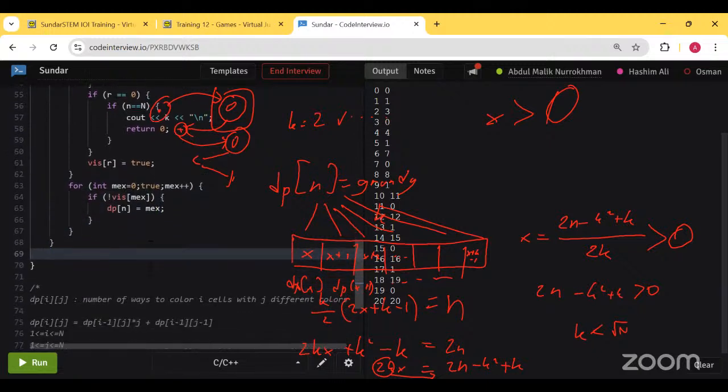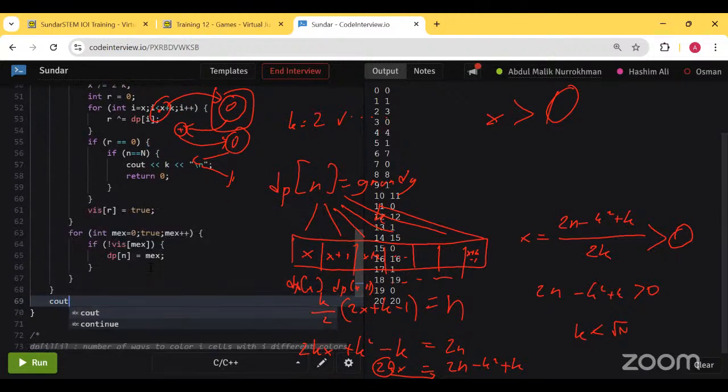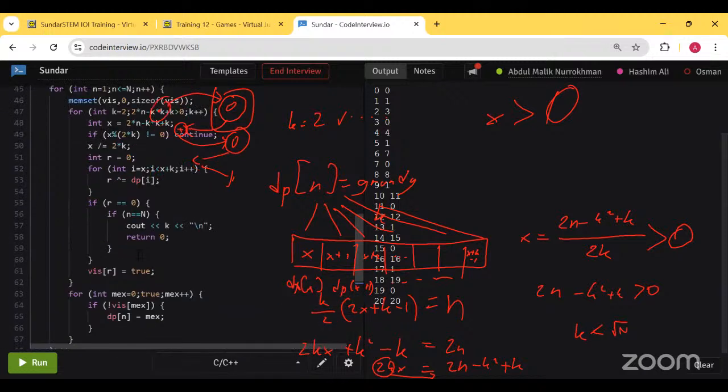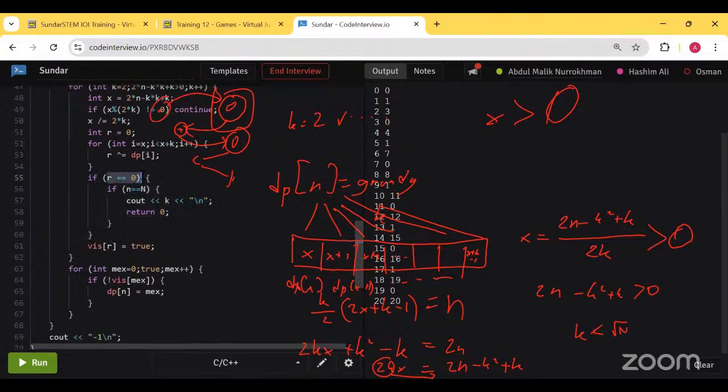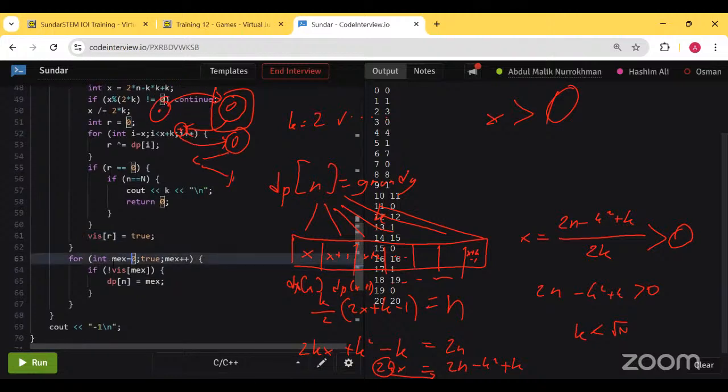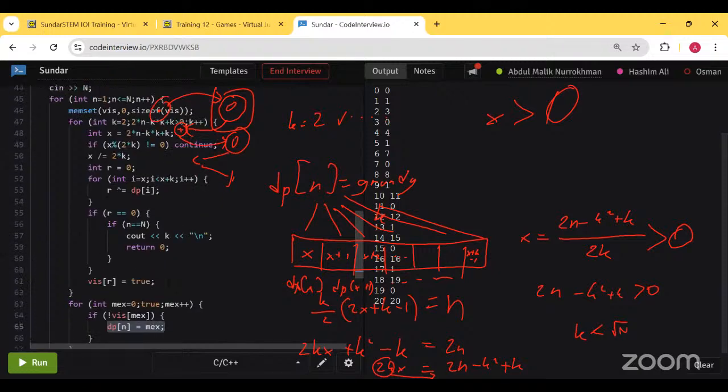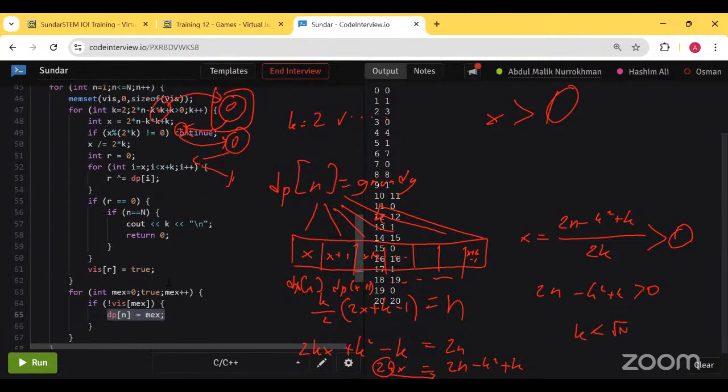Yes, and finally, we will already know the answer, and don't forget to output -1 if there is no way to win the game. So there is no r equal to 0. That's why visited[0] is still false. So the mex is 0 and dp[n] is 0. Because dp[n] is 0, the XOR of our current Grundy numbers is equal to 0. So the second player has a strategy to win the game. All right. Yes, this is the solution.